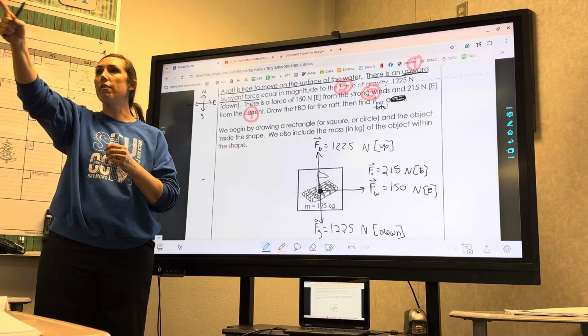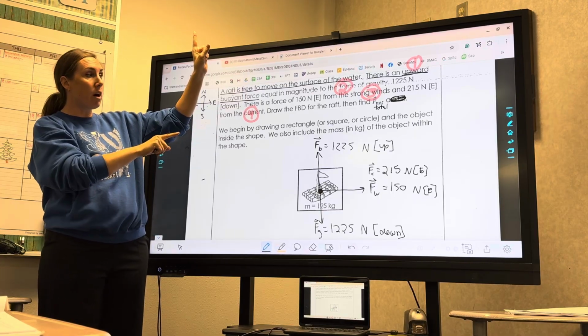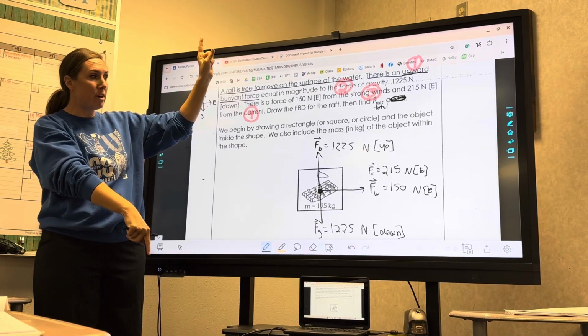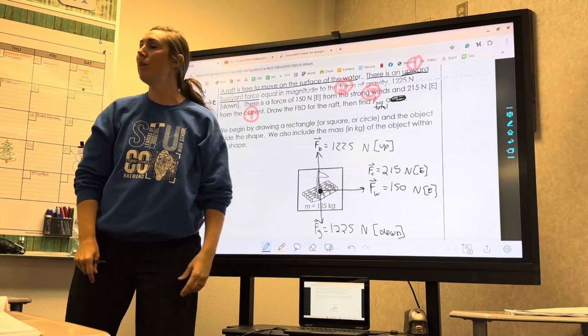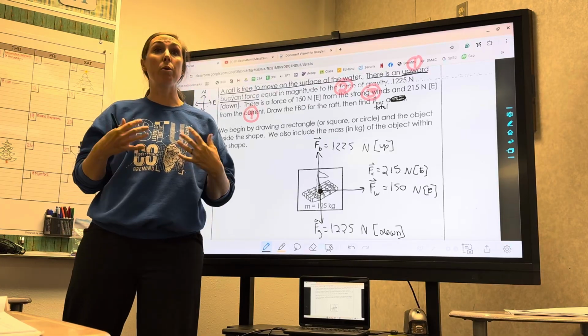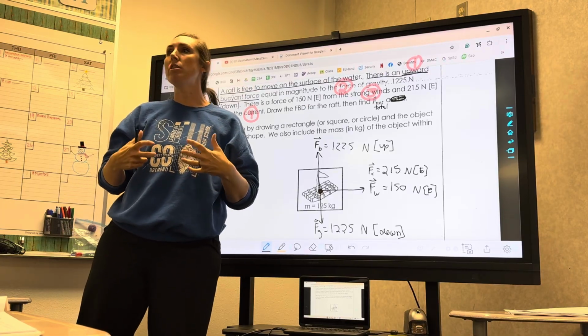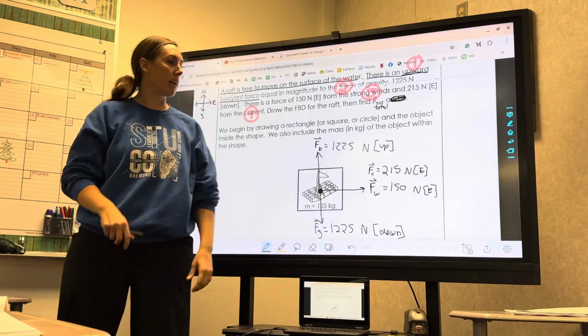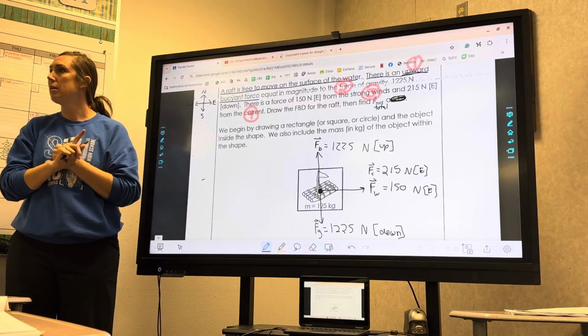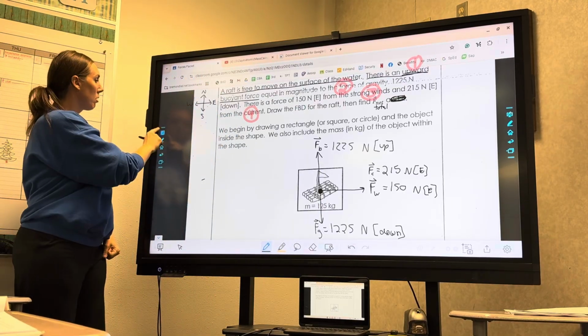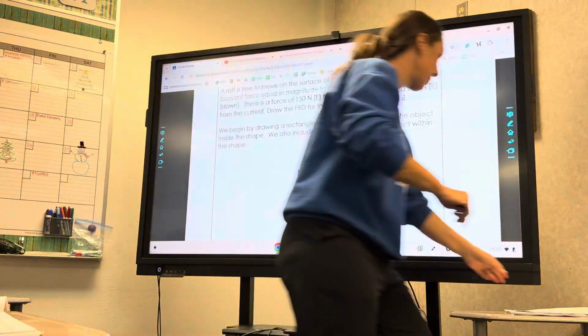Up and down. Perfect. The up is 1,200, the bottom is 1,200. These are only 200 and 100. So technically, the greater the magnitude, the greater the arrows. Perfect. Anybody still copying? Okay. So let's move on.